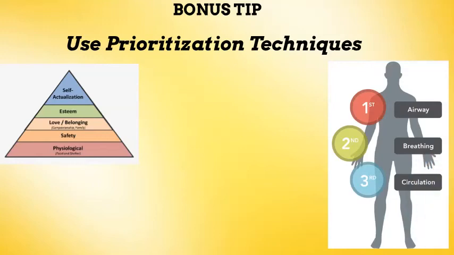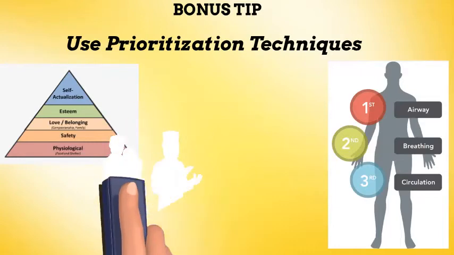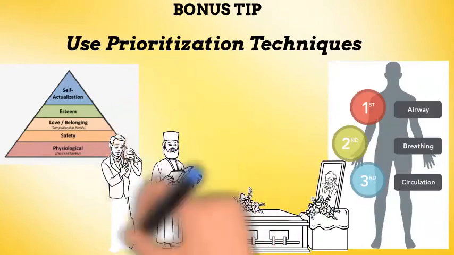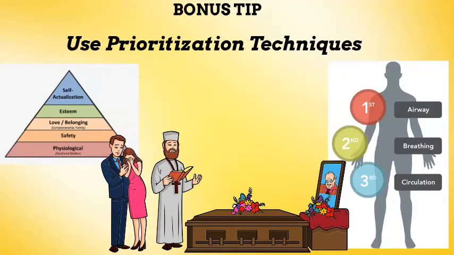Use your ABCs, Maslow, and nursing process to answer questions. And when all else fails, look at the answers and ask yourself, which one of these would kill my patient first? By doing this, you have effectively prioritized, and your answer will likely be correct.